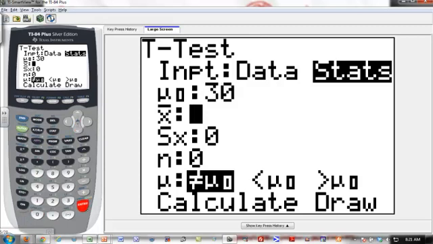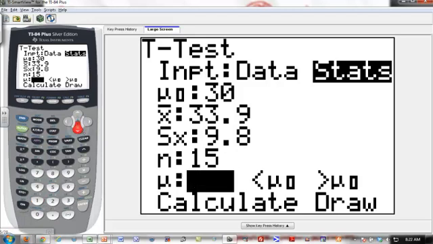Okay, what was x bar? 33.9. What was s sub x, the standard deviation? 9.8. And how big was our sample size? 15. And lastly, for the alternate hypothesis, is it mu not equal to 30, mu less than 30, or mu greater than 30?